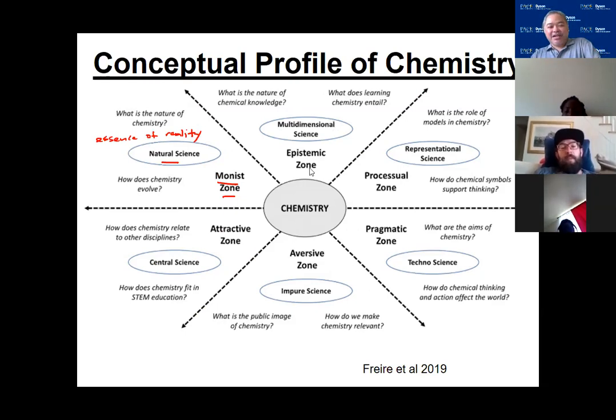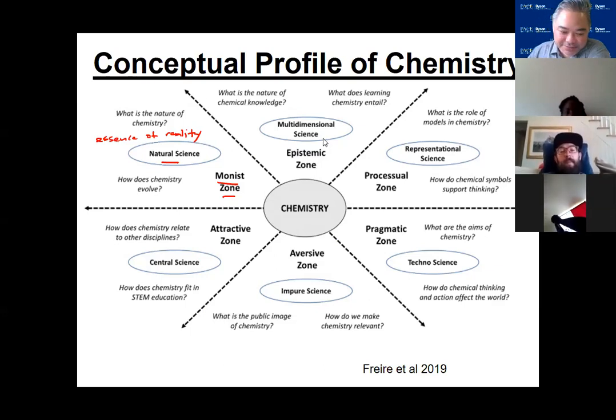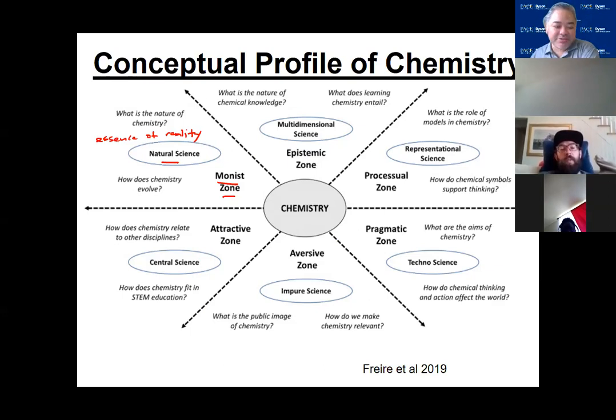Okay. Now in the epistemic zone, here the concept of chemistry is that of a multi-dimensional science. And the questions that you can ask here: what's the nature of chemical knowledge? What does learning chemistry entail? Okay, so here in the epistemic zone, chemistry is conceived as a science, a systemic body of knowledge, a branch of scientific knowledge, a school subject, and chemistry is understood as a conceptual and theoretical framework.